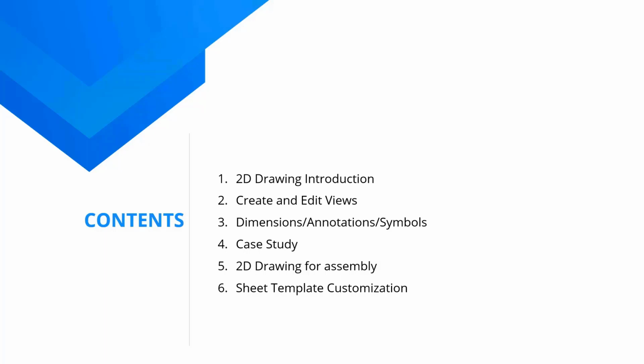Then add dimension annotations, symbols, followed by a case study. After that, we will introduce the 2D drawing for assembly. In the final part, we will show you how to customize a sheet template. In this video, we will show you the first and second points.